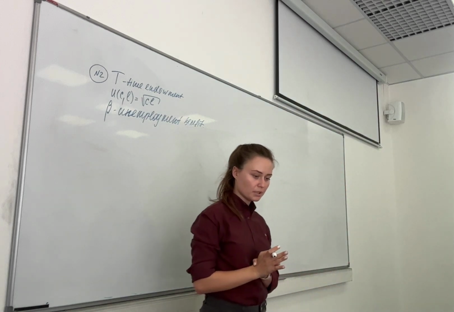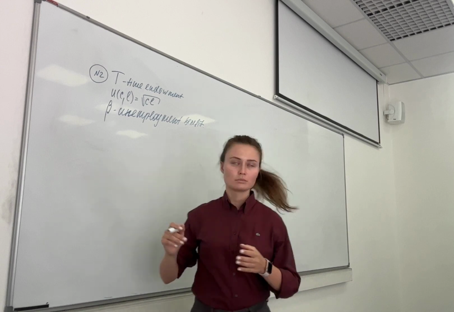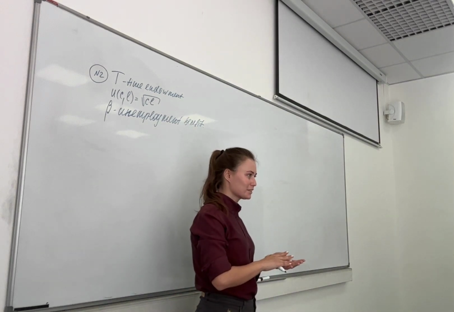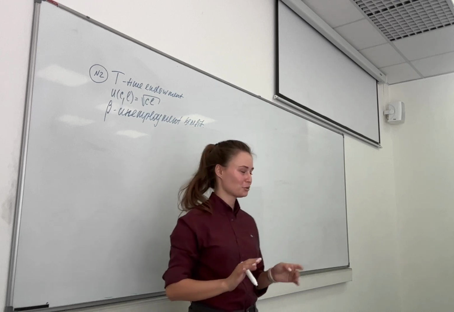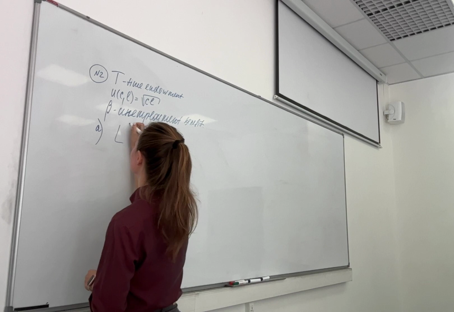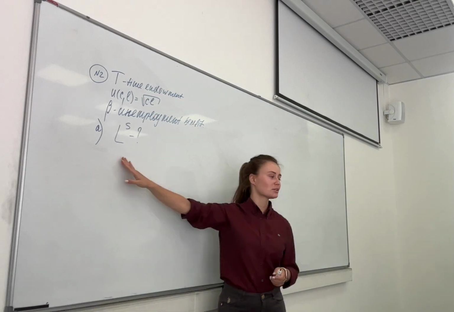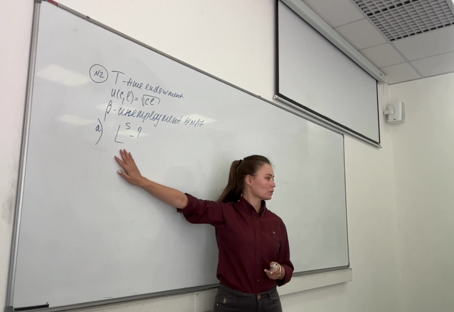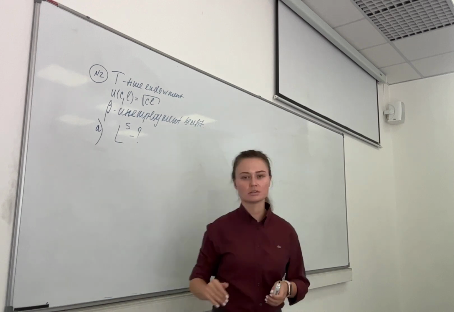Okay, so now point A. Derive the labor supply curve, illustrate it, and explain this law. So we should present the analytical solution, the graphical solution, and explain the intuition. Point A, labor supply. This is the decision how much to work for each wage. So how do we solve this problem?